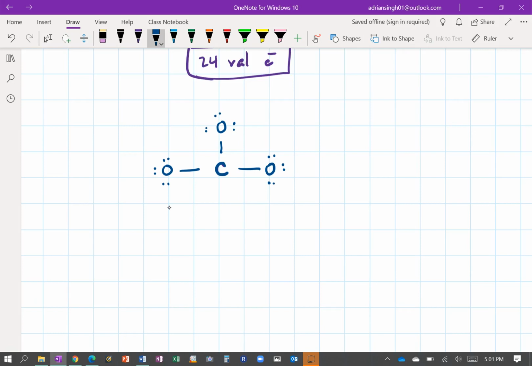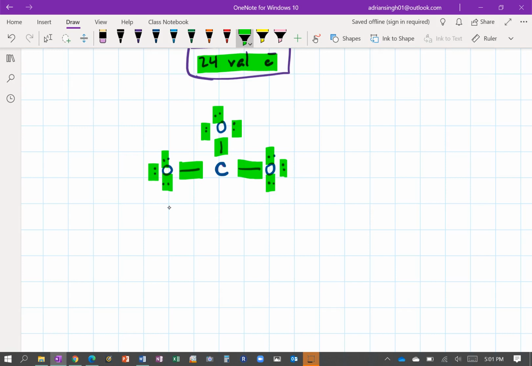So we've made those oxygens on the outside happy with their 8 electrons. So let's count and see how many total electrons we have in our structure now. So we have 2, 4, 6, 8, 10, 12, 14, 16, 18, 20, 22, 24. All right, so those are our 24 valence electrons.